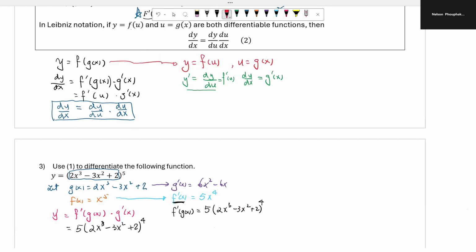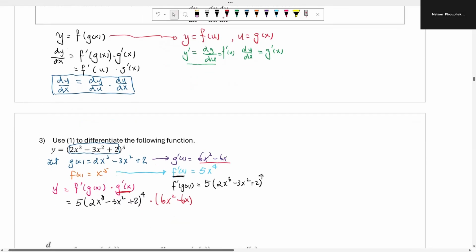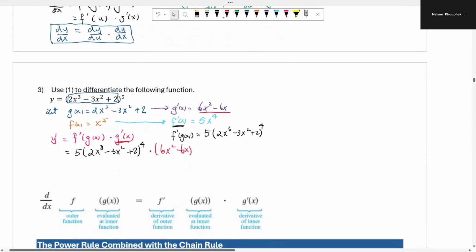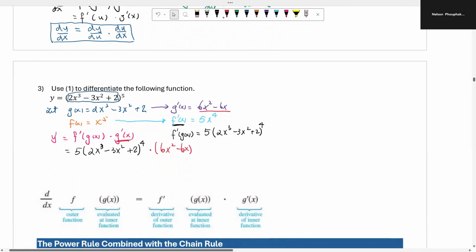And we multiply by g prime of x, which is 6x squared minus 6x. Now you will see that if I always work with the outer function f and the inner function g, it's kind of messy, right?